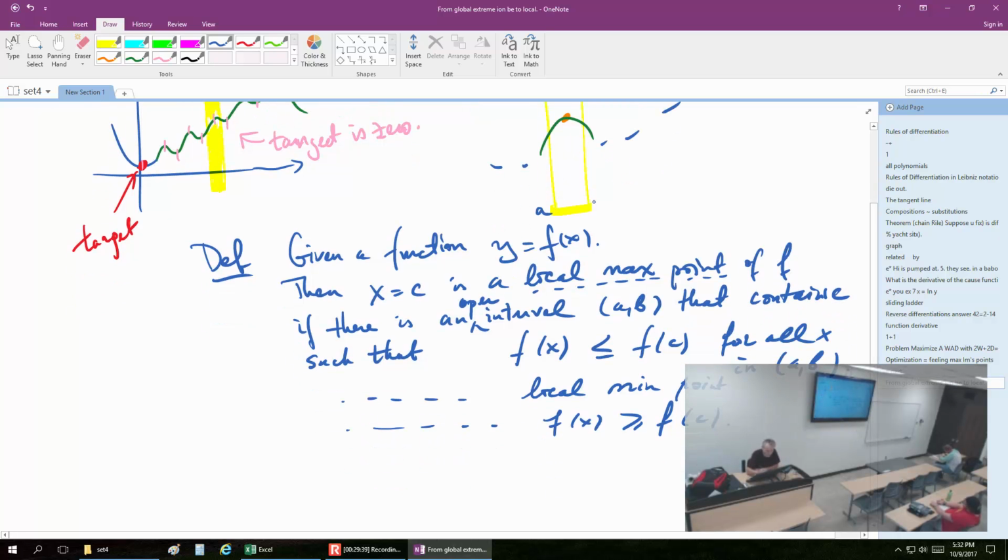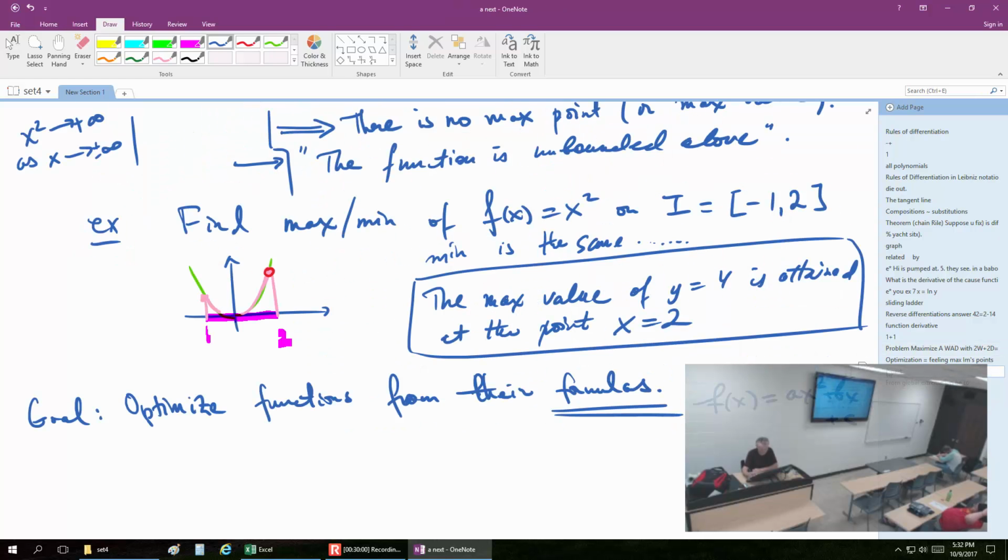So this is the interval from a to b, and c is somewhere in the middle. It has to be an open interval because we don't want c to be an endpoint. Remember what happened last time when we picked the endpoint.